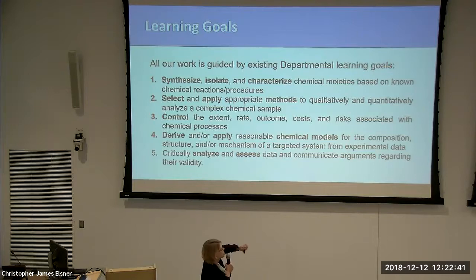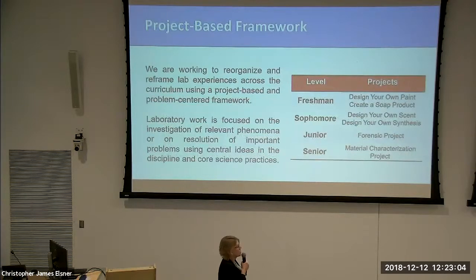So this was done in the UPC, Undergrad Program Committee. We developed a set of goals for chem majors, what we expect them to be able to do when they finish with their degree. We wanted to make sure that we kept these in mind when we were doing our course transformation, because we still need to have majors that can do these things when they graduate.